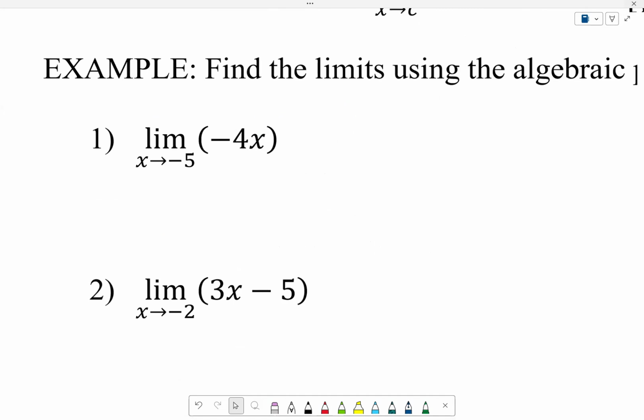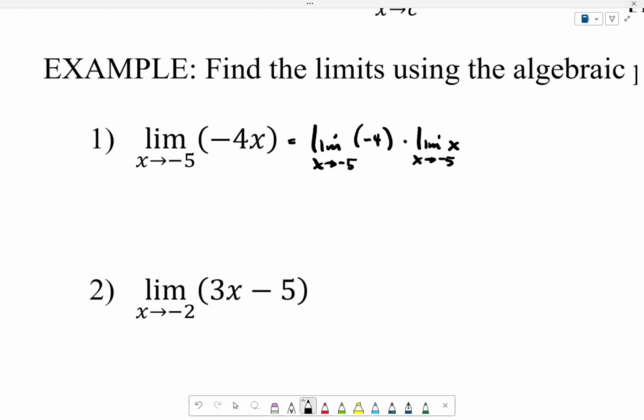that we can use to evaluate limits when they get a little bit more complicated. So if the problem asks you to use the properties of limits to evaluate, this is what I want to see. Notice in there we have a product. So I'm going to rewrite this as the limit as x approaches -5 of -4 times the limit as x approaches -5 of x.